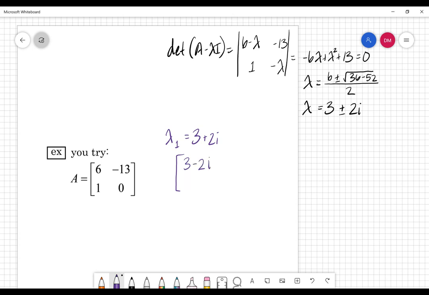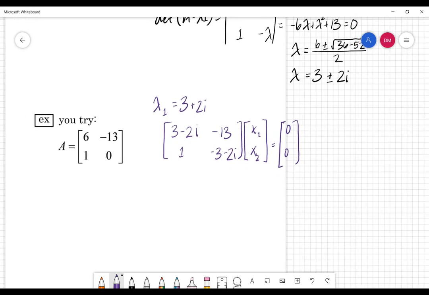So if I take 6 minus the quantity 3 plus 2i, I get 3 minus 2i here. If I just take the negative of lambda, I get negative 3 minus 2i. So my matrix should look like this, solving for x1, x2, with a matrix of 0 elements.